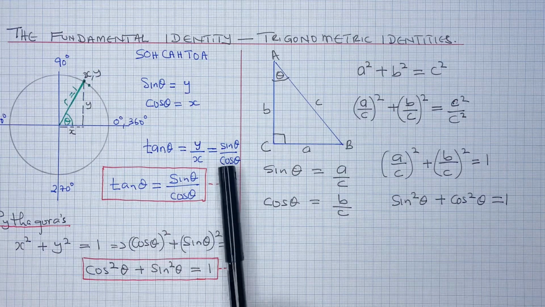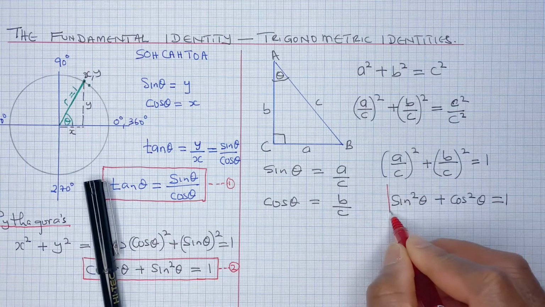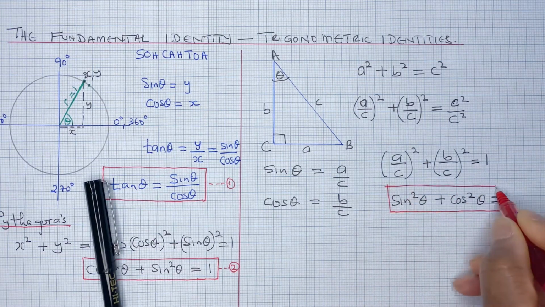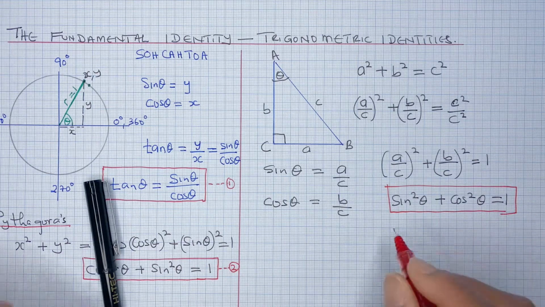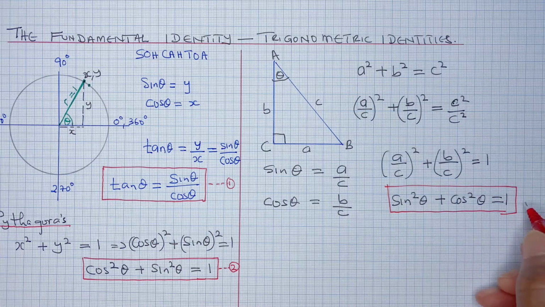So that's the first or second fundamental identity, right? That's what we got on the left side here. So that's the same thing there. So we said that was number 2.